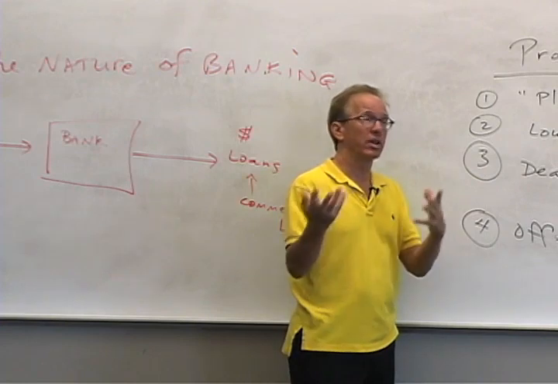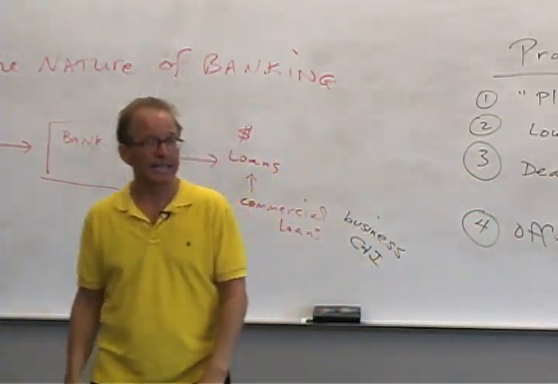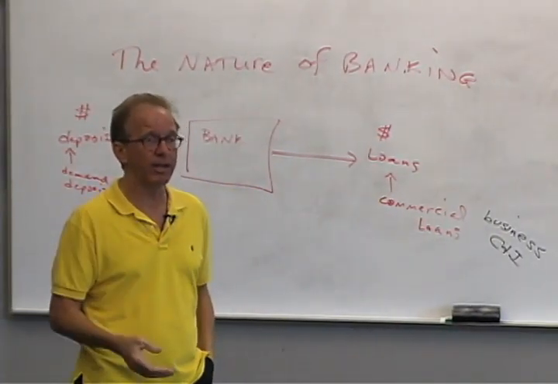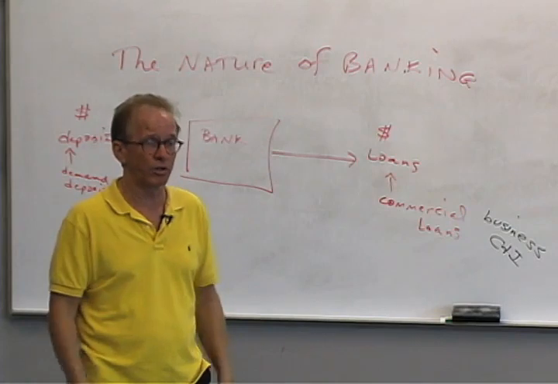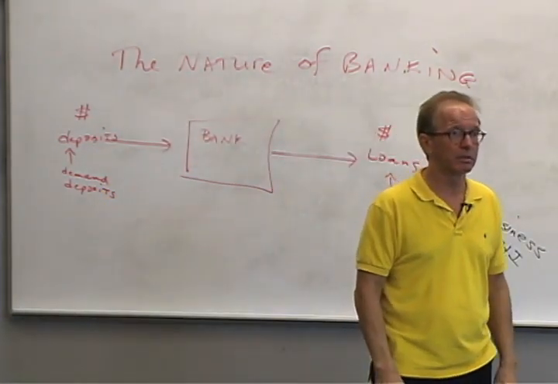That is what creates the role for banks, and that is what they specialize in, preventing that. They collect a lot of information, they analyze that information, they require collateral and so forth. So they know how to deal with that information better than we as individuals do. Okay?